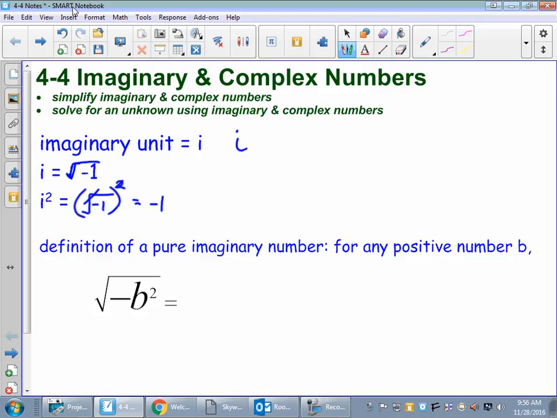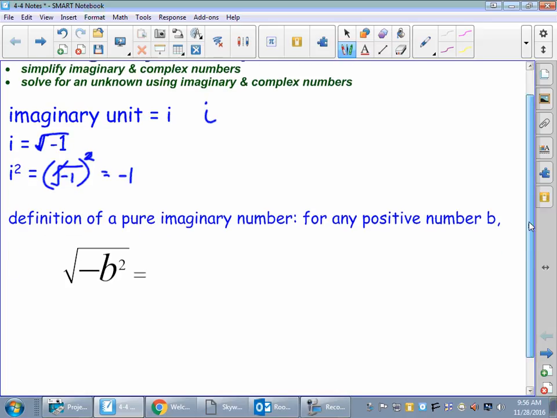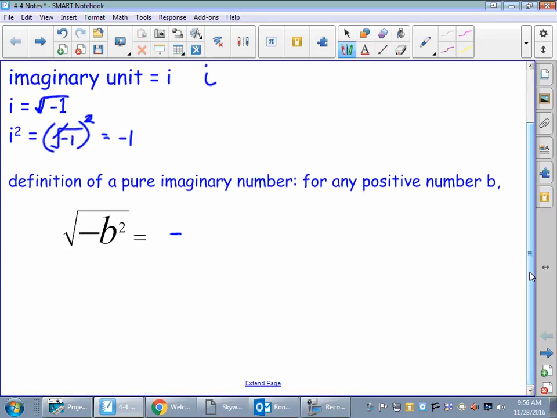It's a simplification thing. So if you have other numbers that are negative, the very first thing that we do is we break it apart into the real and imaginary parts. So the square root of -b squared is basically saying I have a negative number underneath the radical. I'll split it up into the negative component and then the other number.